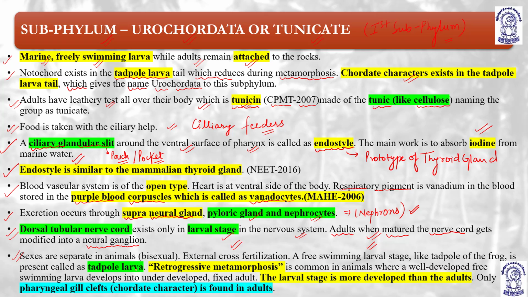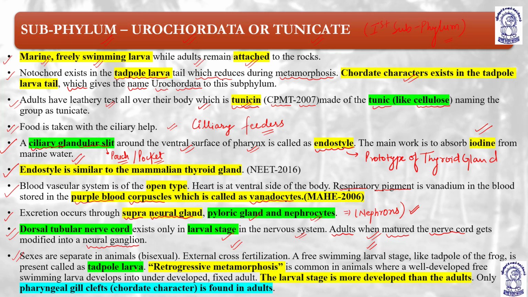But here, in the larval tail the chordate features are present, but as the adult is formed, the adult becomes less complex, or underdeveloped. So the adult is underdeveloped but the larva is more developed.